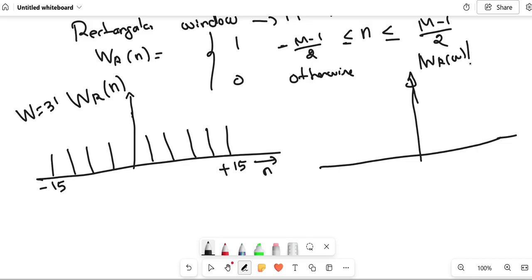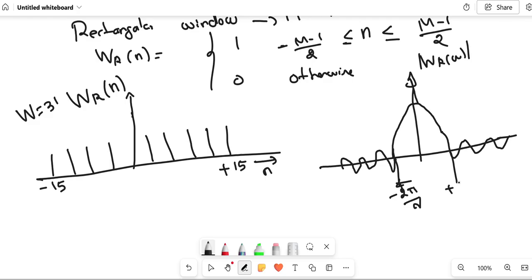If you see this frequency spectrum, with minus 2 pi by N and plus 2 pi by N, this is omega.